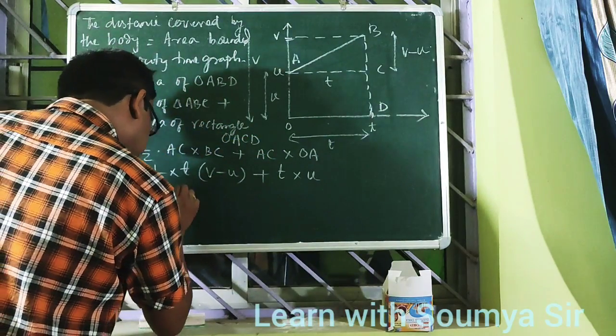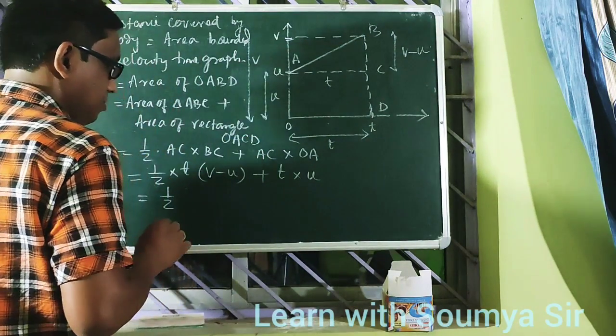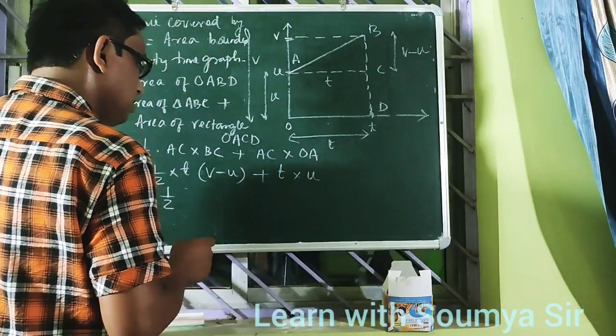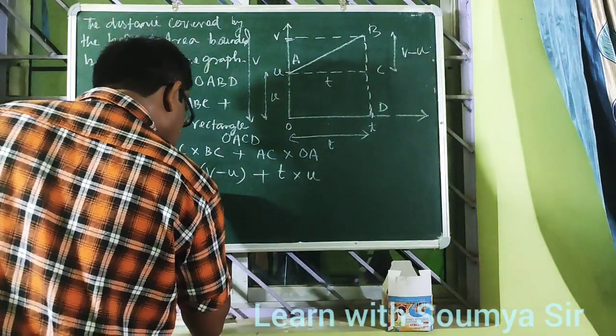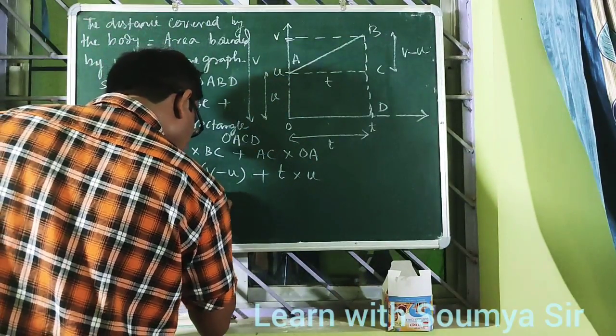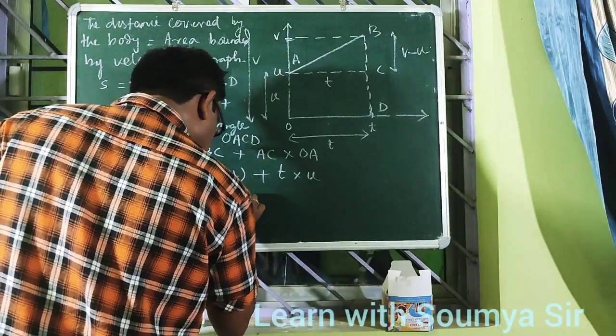Which one we can write? Half into, this is v minus u into t, it will be vt minus ut.